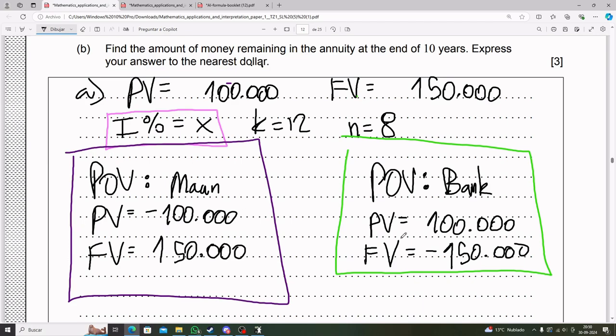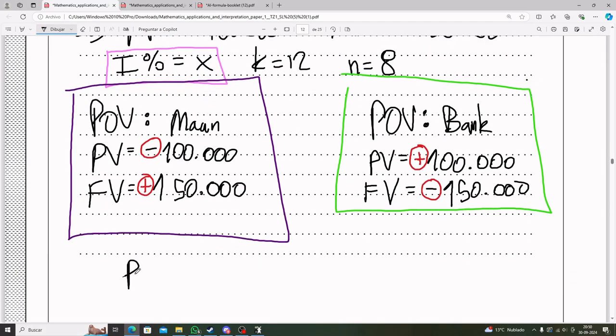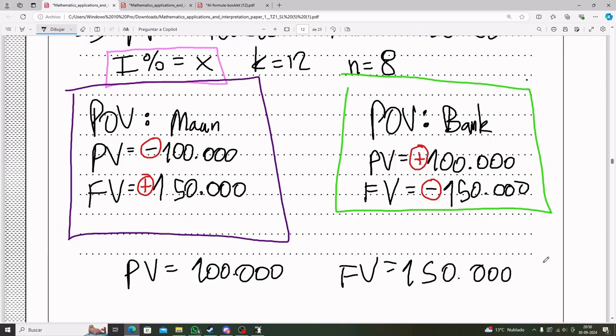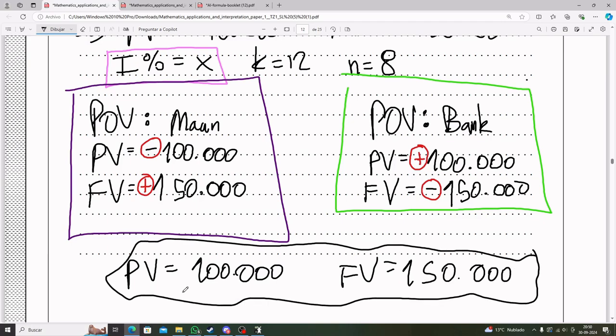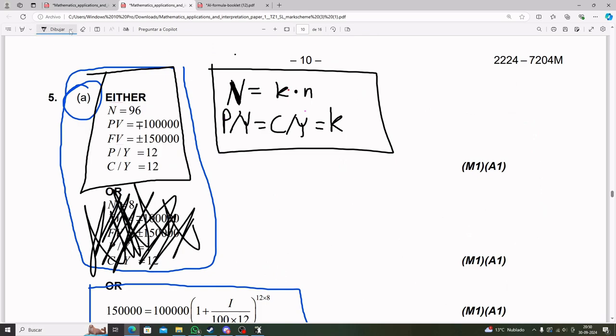So notice, in the two scenarios, you either have that PV is negative and FV is positive, or PV is positive and FV is negative. It's one or the other. You have to pick a perspective. It does not work if you leave both as positive. It's not going to work, and I'm actually going to show you. You have to take these different symbols. If you make them both positive, it's not going to work. That is why in the mark scheme over here, you have these really weird symbols.